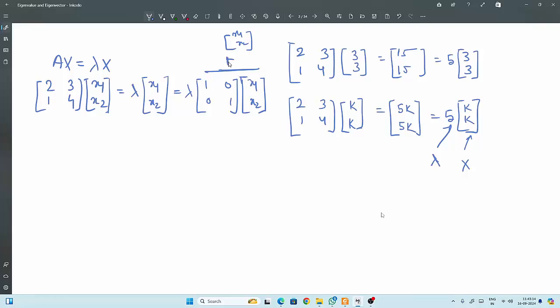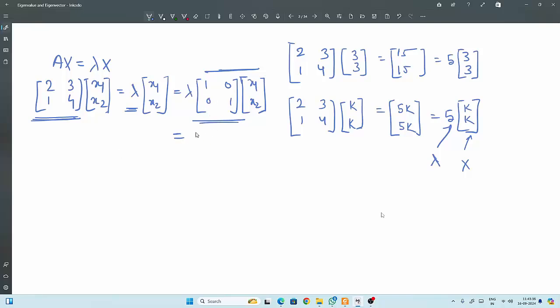Why have I taken it like this? Just because the left hand side is a 2 cross 2 matrix times a vector and the right hand side is a constant times a vector, so I can subtract it from there. I can subtract a matrix from a constant or a constant from a matrix. That's why I have made it like a matrix.